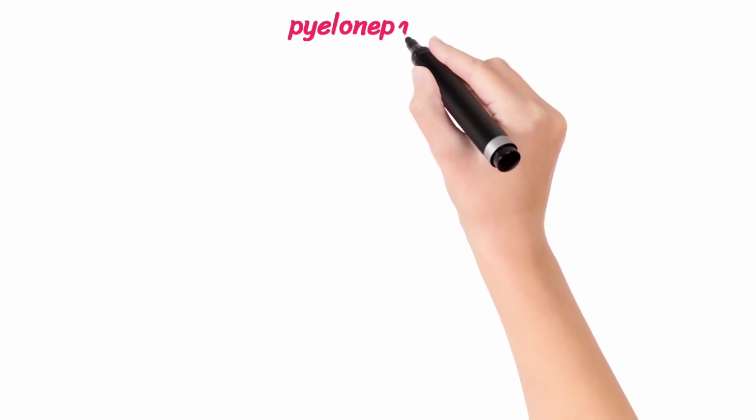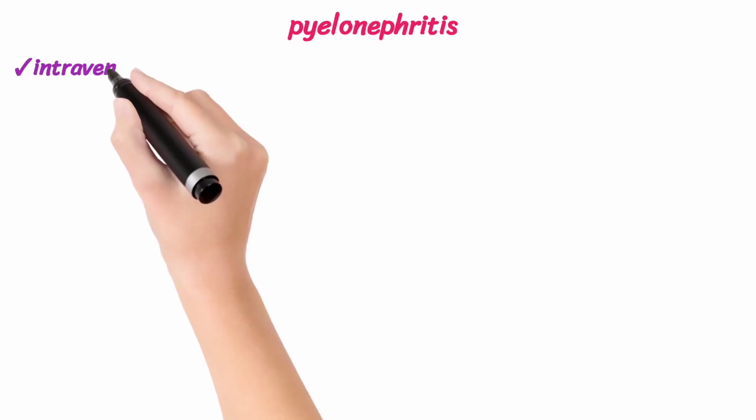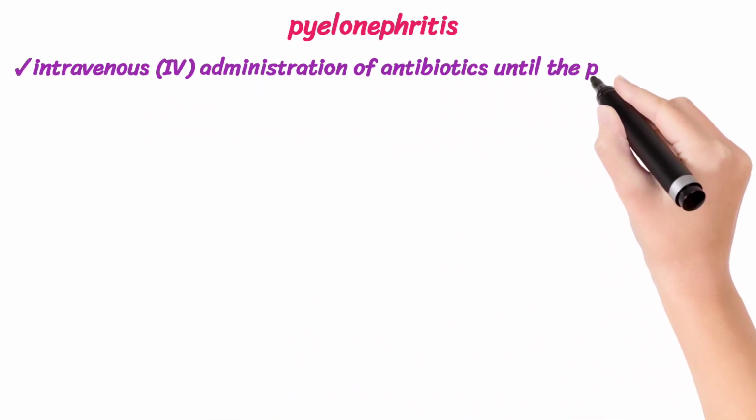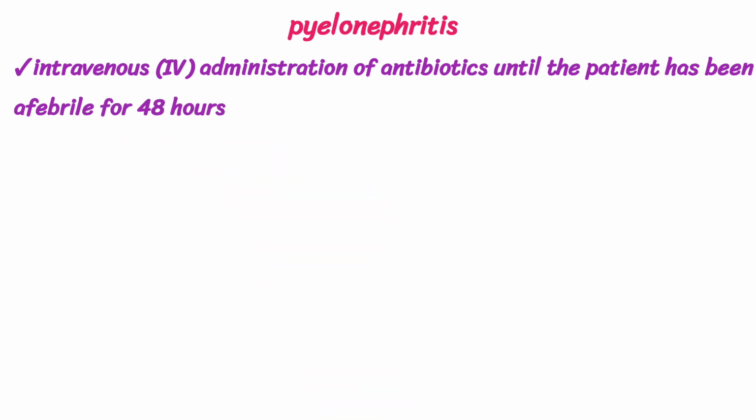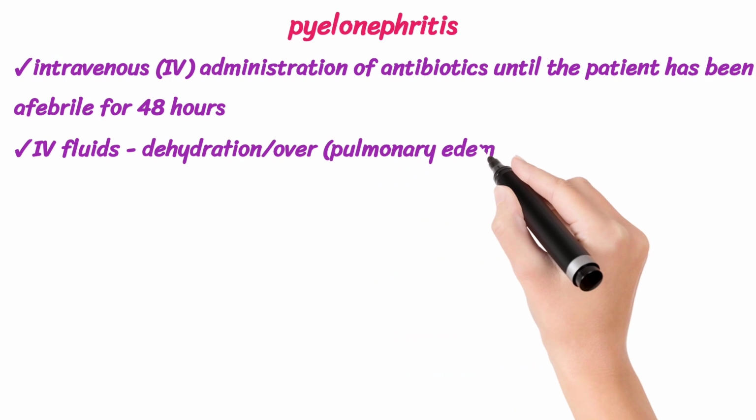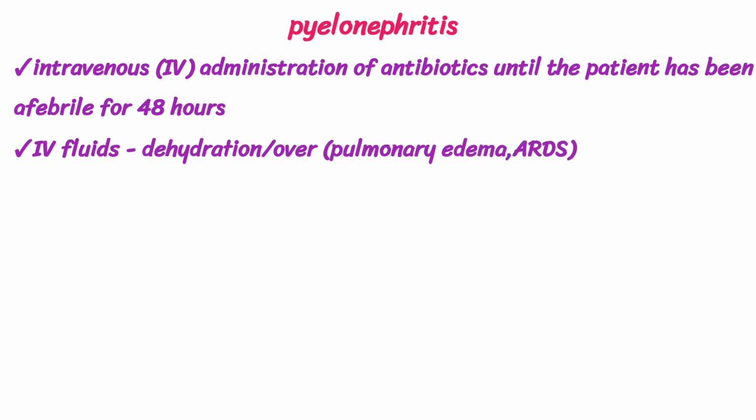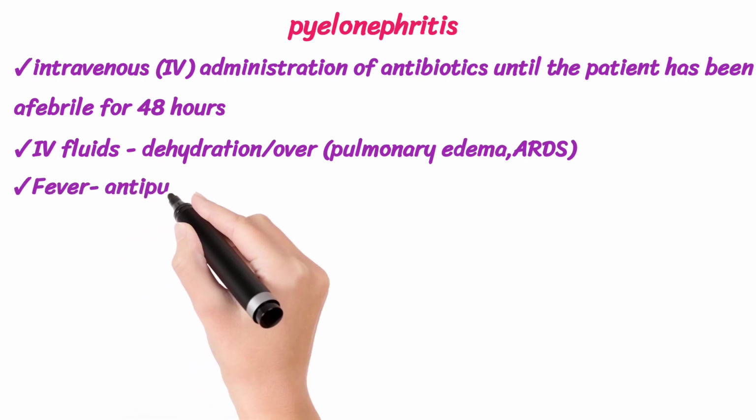So pyelonephritis, these are just key notes to note when treating it. IV administration of the antibiotics is given until the patient is afebrile for 48 hours. IV fluids are given to avoid dehydration, because the patient will be having nausea and vomiting, but also know that if you overhydrate, the patient can have pulmonary edema and acute respiratory distress syndrome.